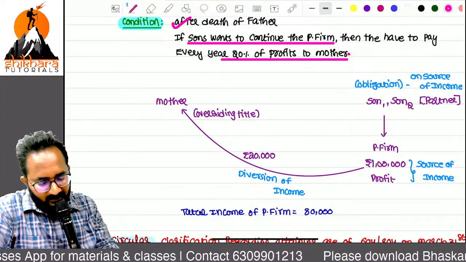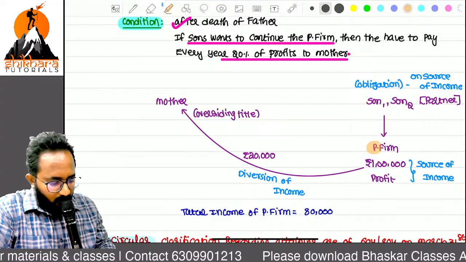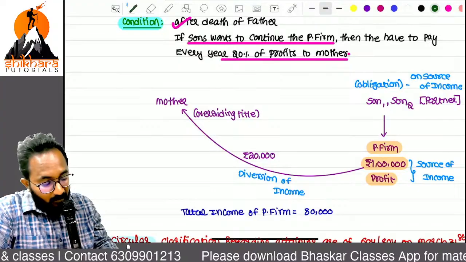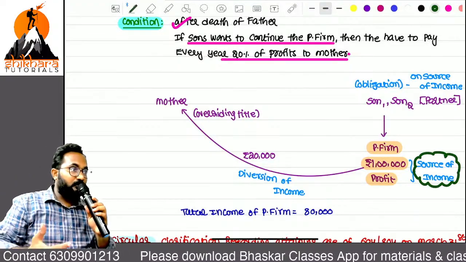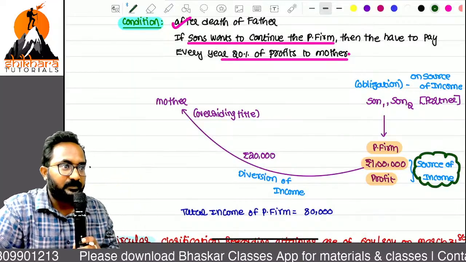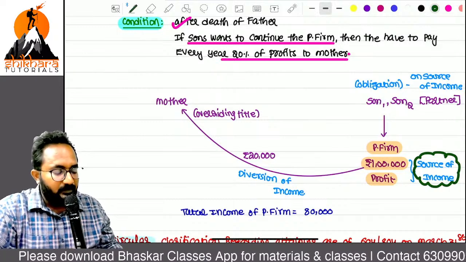In this previous year, father died. Now the profit from the partnership firm is 1 lakh. So this is only called what, ma? Source of income. For the partnership firm, from their business source, how much profit did they get, ma? 1 lakh.